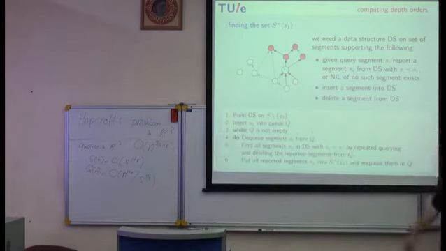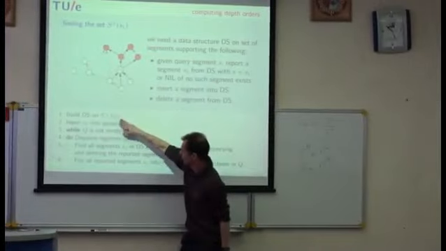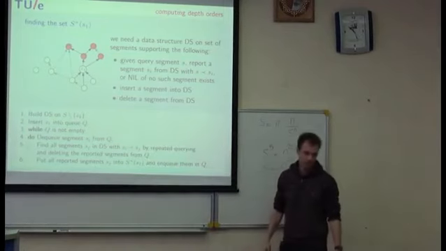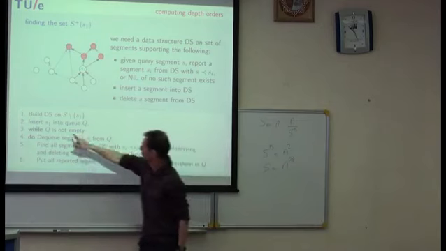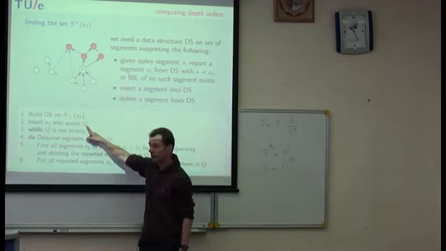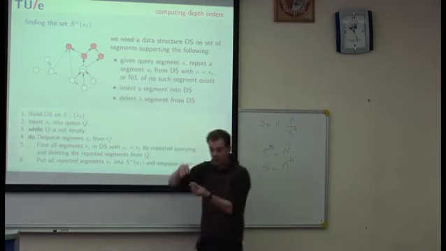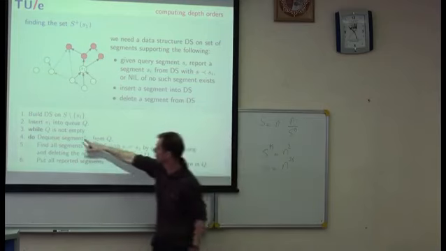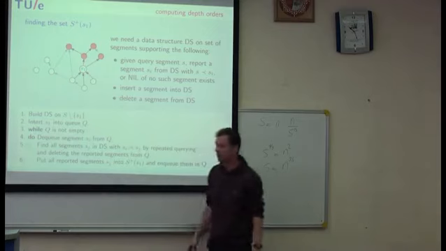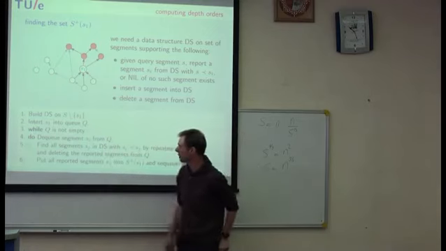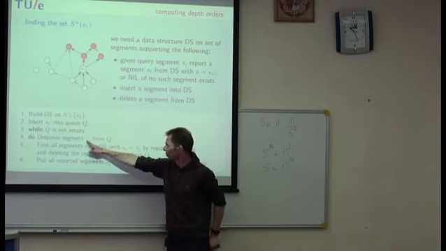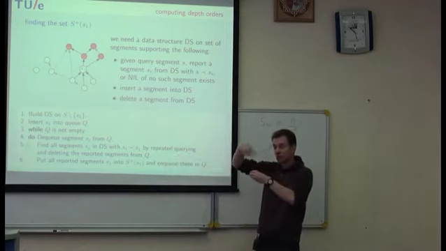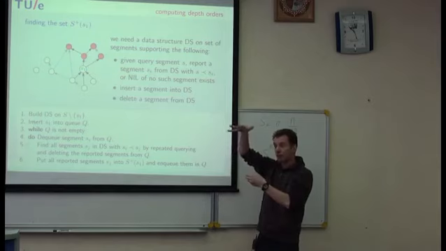So here's the algorithm. I'm going to build this data structure on S. Let me already remove S1. I'm going to have a queue which contains all the segments where I still want to check if there's something above. Initially I only have S1 in my queue, and as long as the queue is not empty, I dequeue a segment, then do lots of queries until there's nothing above that segment anymore.